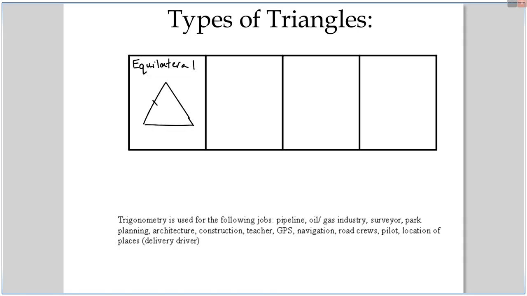If all the sides are the same, that must mean all the angles are the same. If all the angles add up to 180, then divide by 3 and all these angles are 60. Okay? So 60, 60, 60, always.